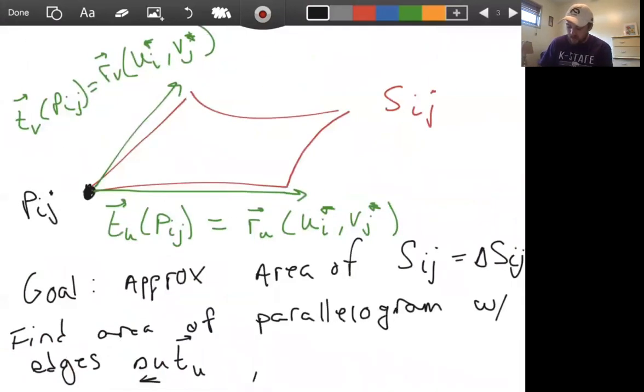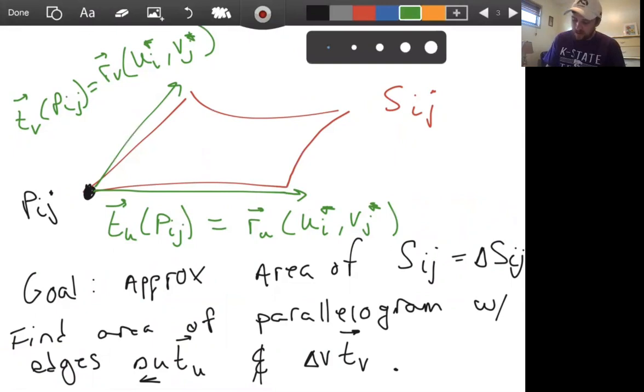And we're also going to scale Tv by delta v here. Okay, and well, how do we find the area of a parallelogram spanned by these things, right?